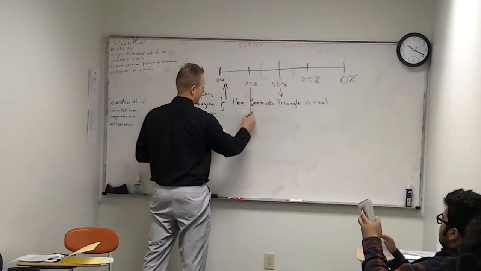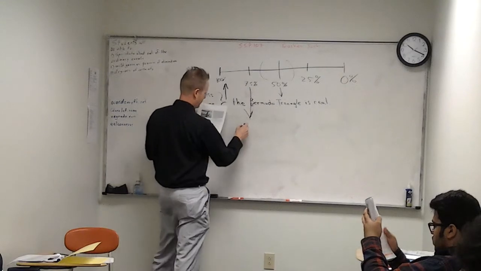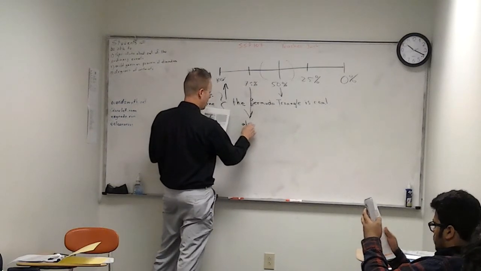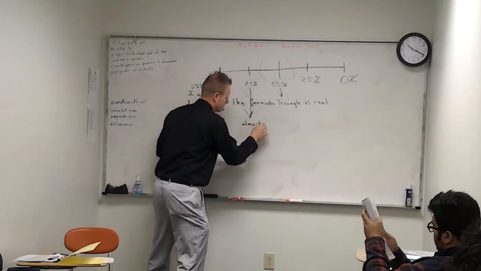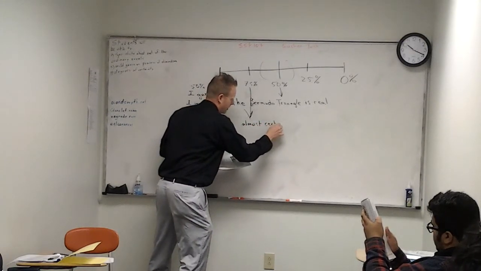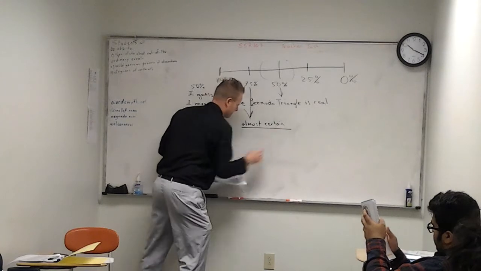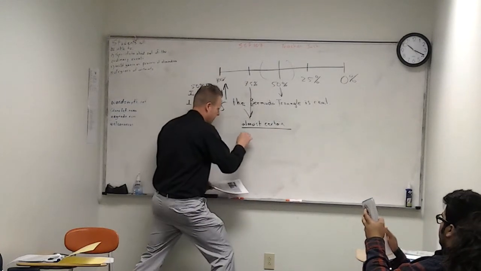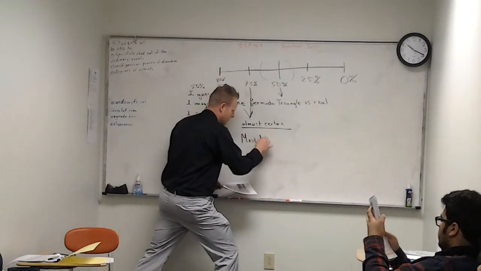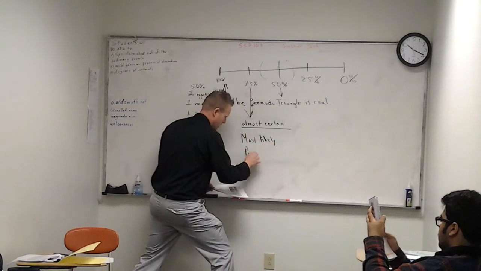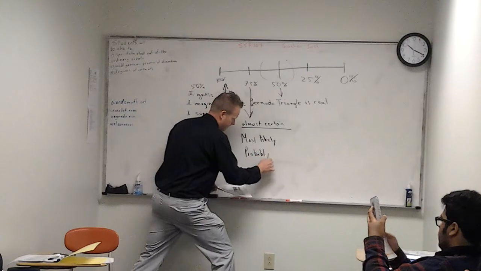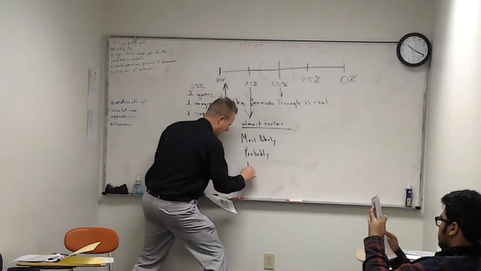So that would be almost, like you're close to certain, right? And what are the phrases under almost certain? Most likely, probably, and I'll bet.